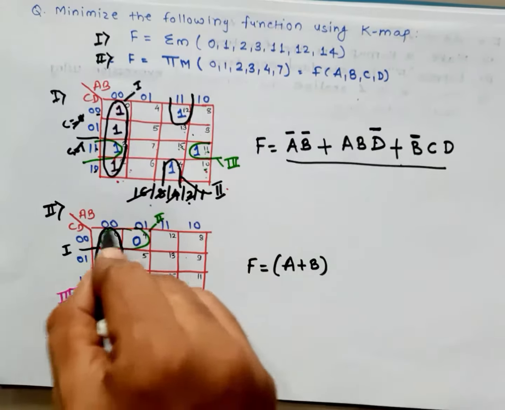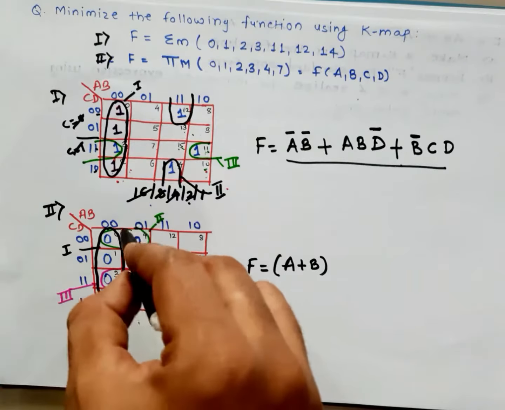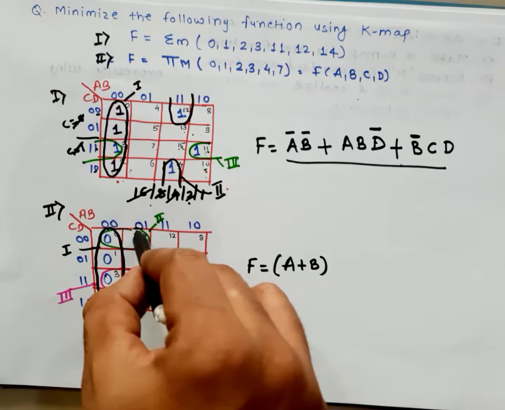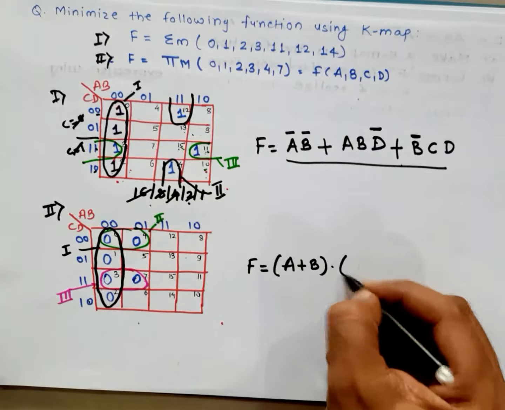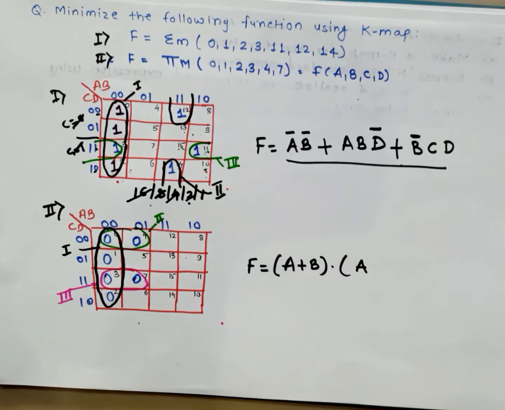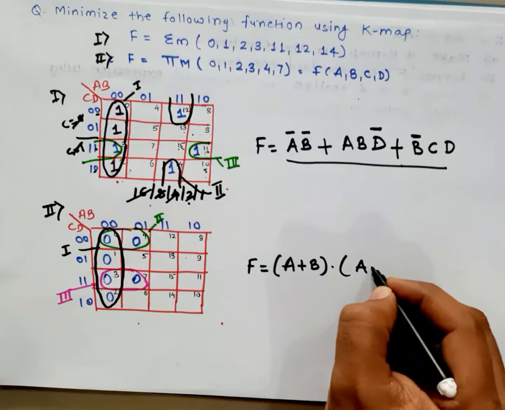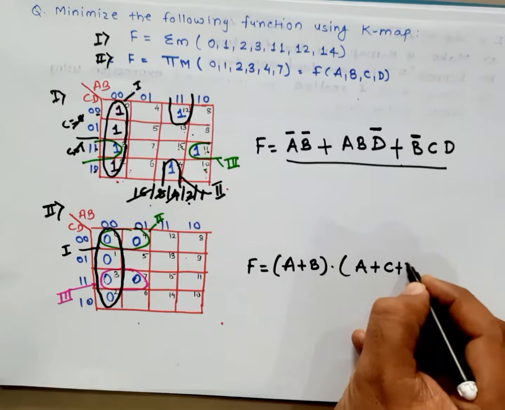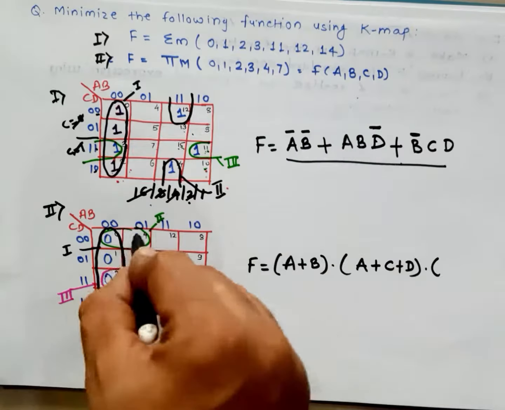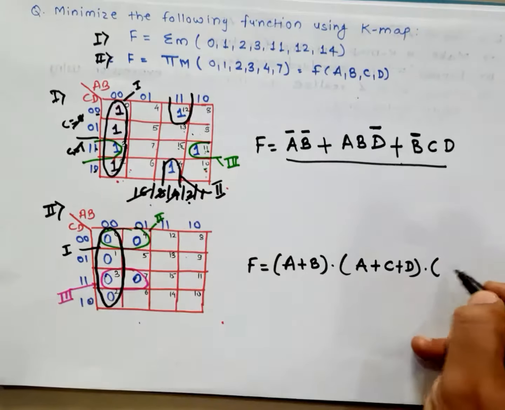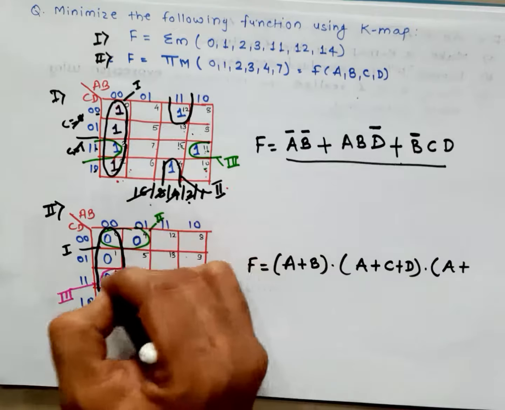Now the second group, 2 columns and a single row are considered. So the value of A is 0 and the value of B is 0 and 1, so A is 0, write it as it is, B gets eliminated, and C and D are both 0 0, so write A plus C plus D. Now the third group, same columns, so A is 0, B is 0 and 1, so B gets eliminated for this group.